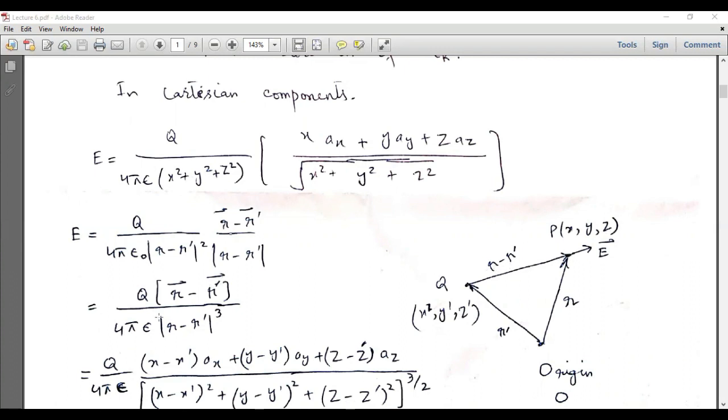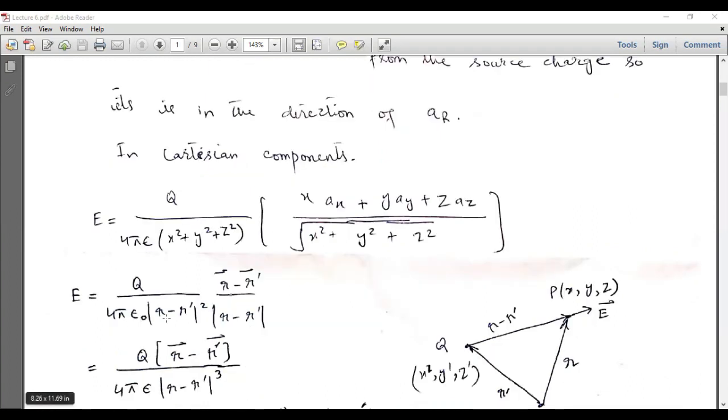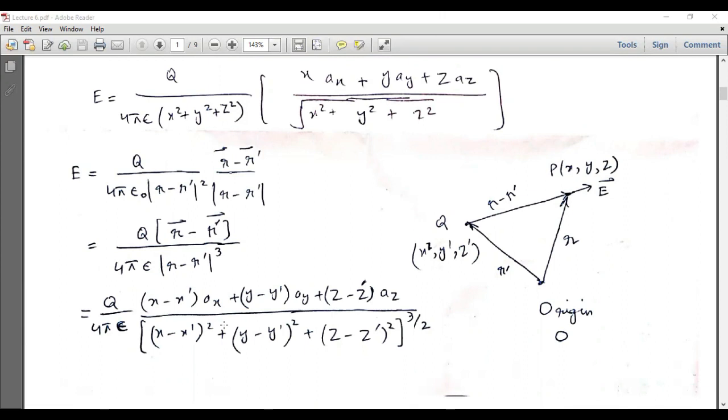So here we have to use r minus r dash and the r minus r dash unit vector in this expression. So it will become r minus r dash magnitude square, and r minus r dash vector divided by r minus r dash magnitude, and it will become Q over 4 pi epsilon, r minus r dash vector divided by r minus r dash magnitude cube.